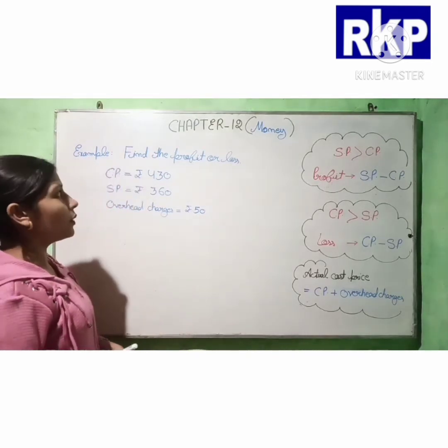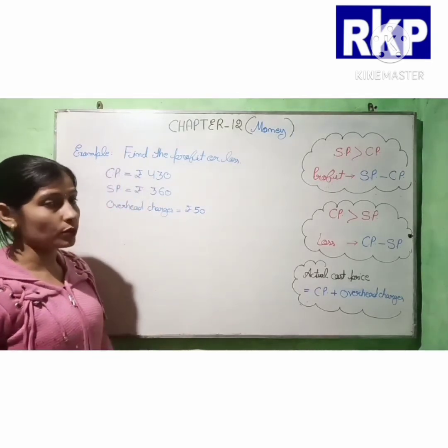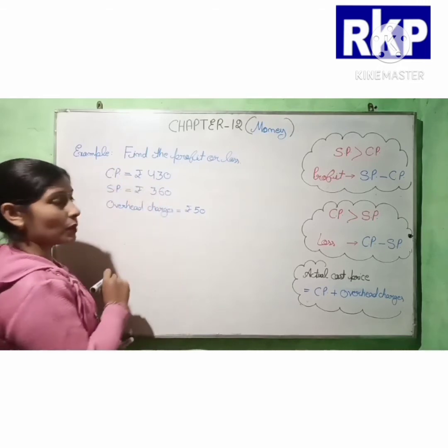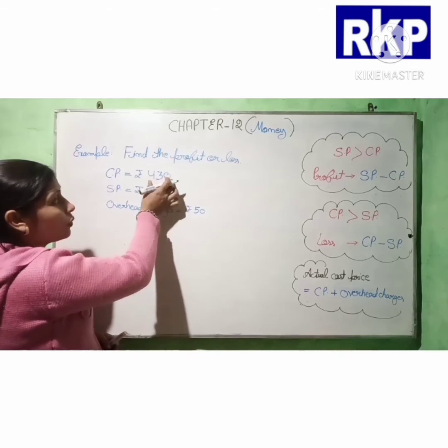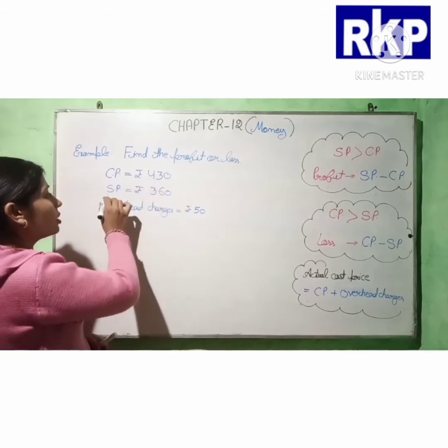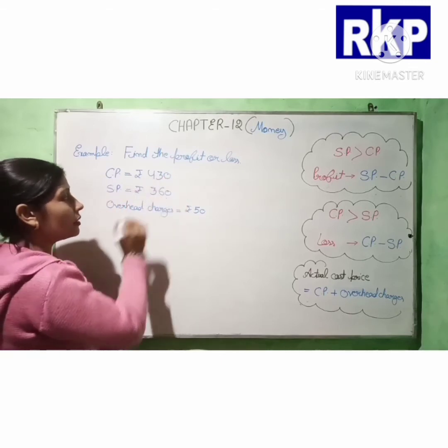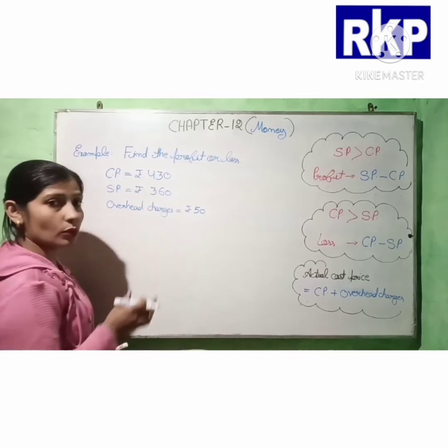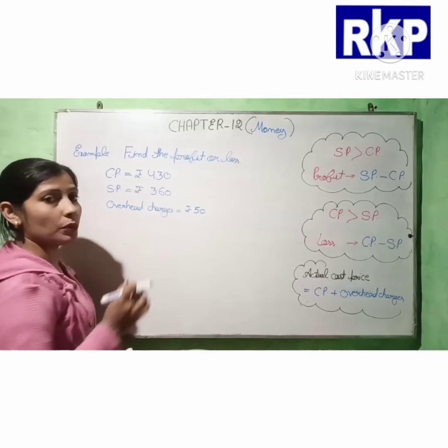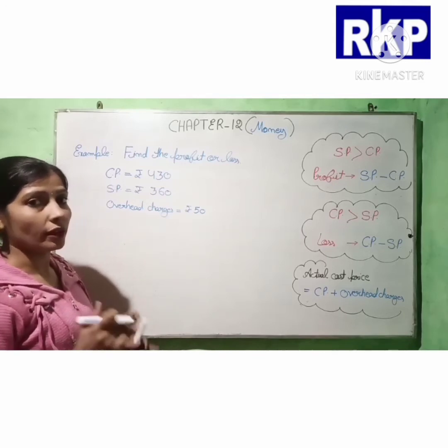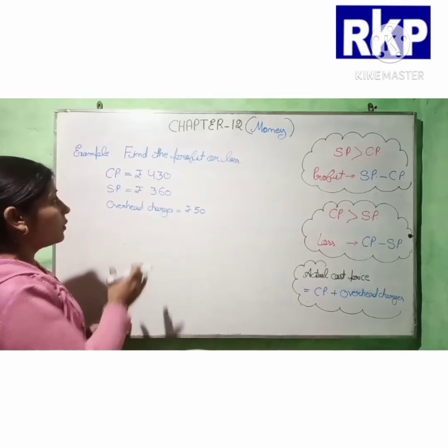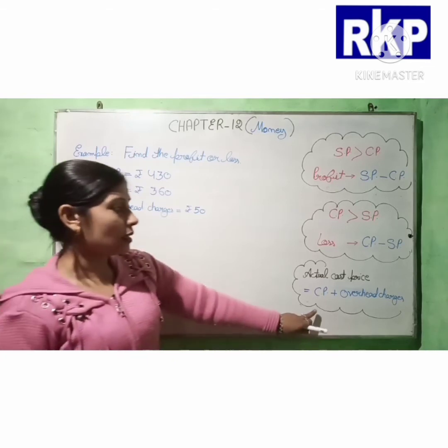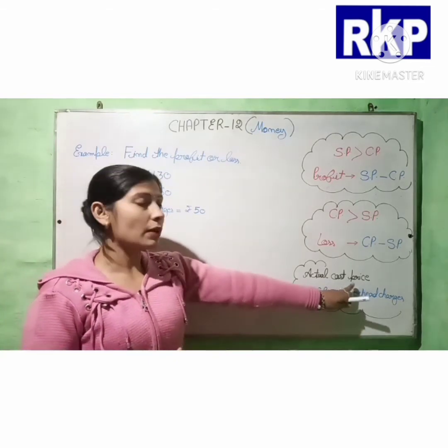Now students, let us take one more example. Here also we have to find the profit or loss. Here we have cost price of 430 rupees, selling price 360 rupees, and we have overhead charges also, which is 50 rupees. So, beta, first of all we have to find the actual cost price. How can we find the actual cost price?